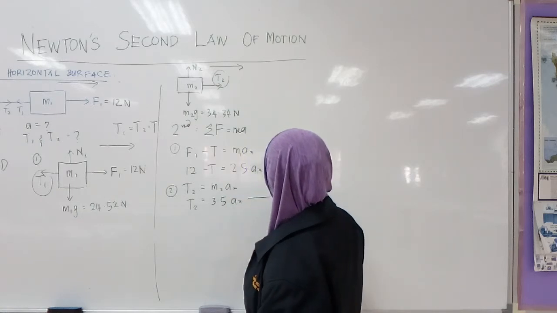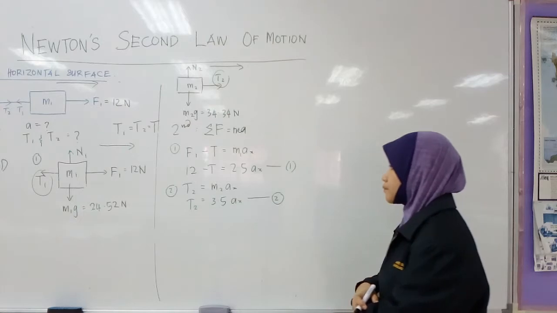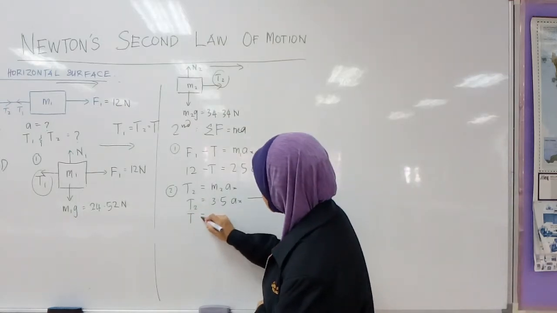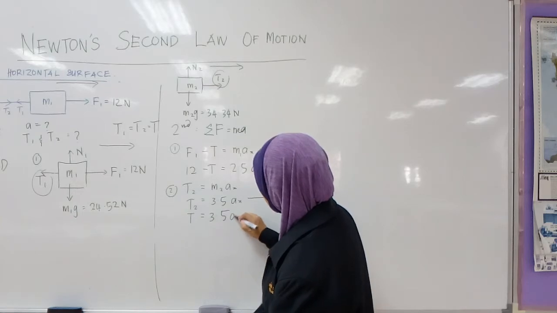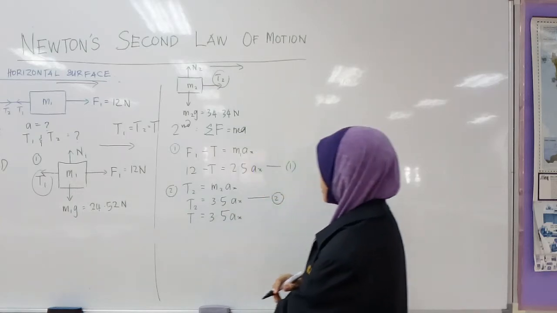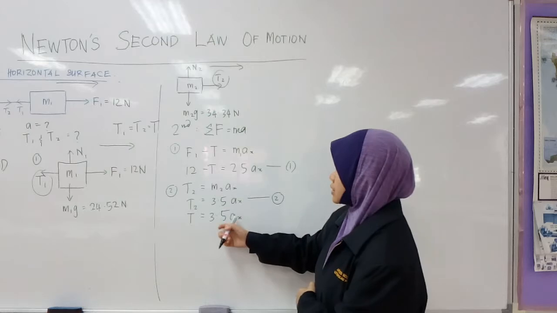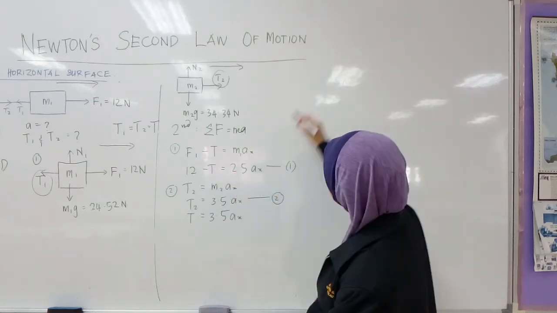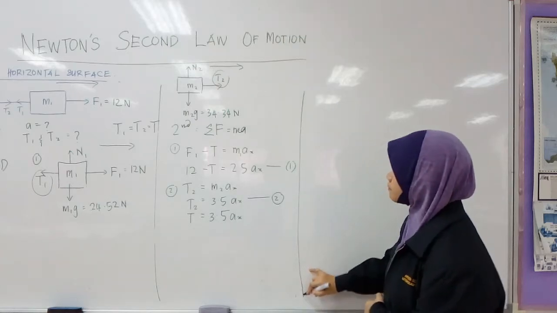This is the second equation. T2 is equal to T, so T is equal to 3.5 ax. I will substitute this value into the first equation.